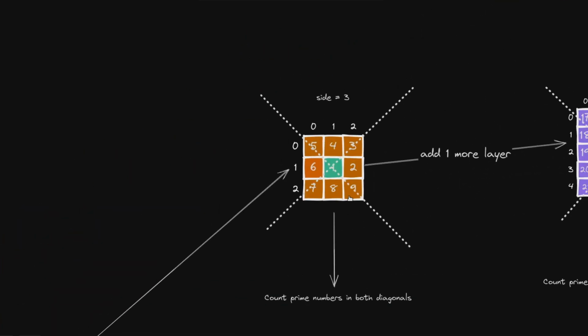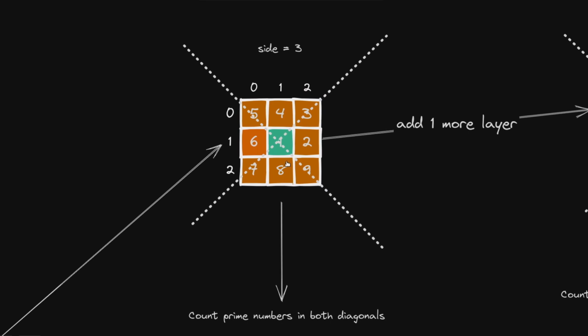So let's see what the question is about. First of all, if we index the grid from left to right for the columns and from top to bottom for the rows, for side length equal to 3, we have this grid, and these two cross lines represent the main and the secondary diagonals.